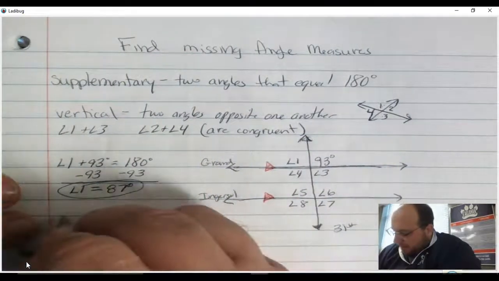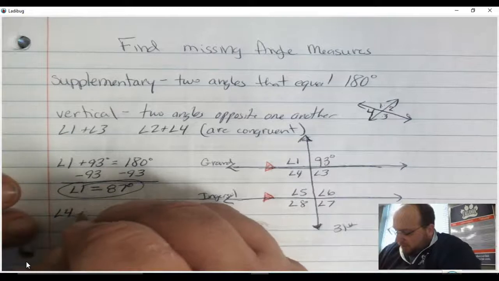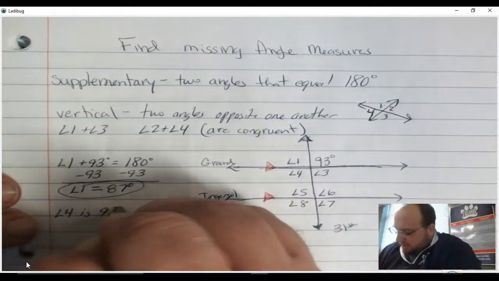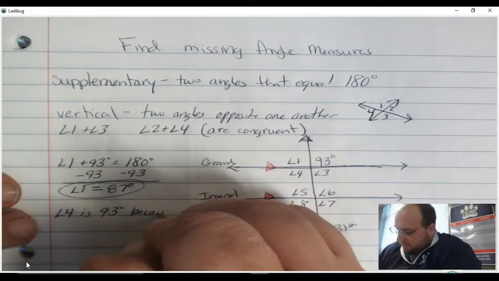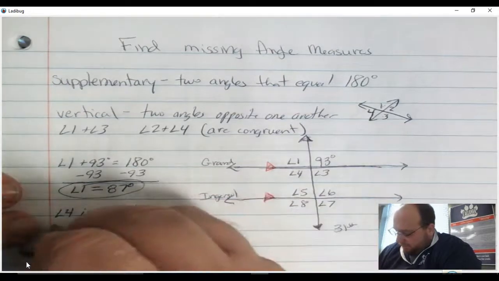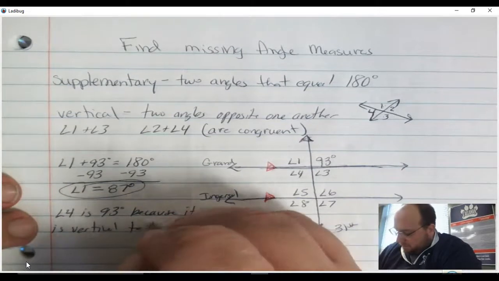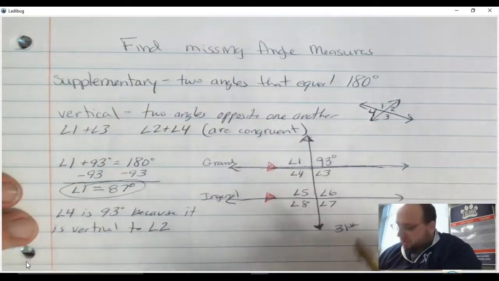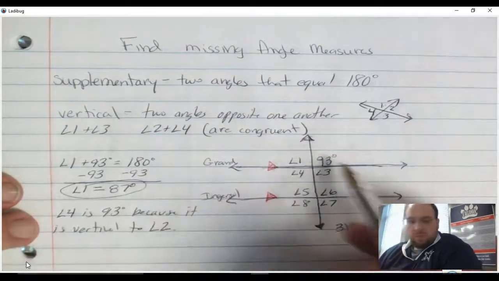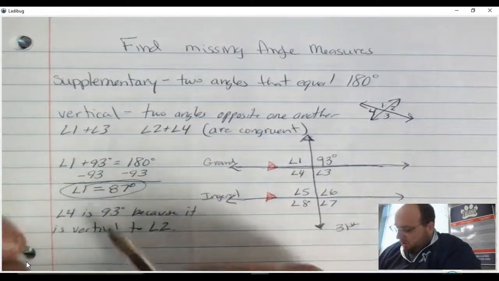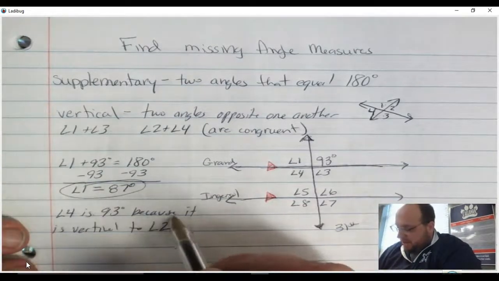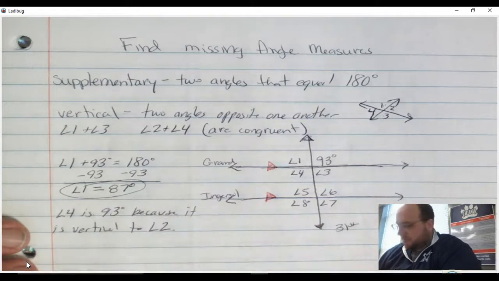Angle 4 is 93 degrees because it is vertical to angle 2, which was called angle 2 in the previous video.